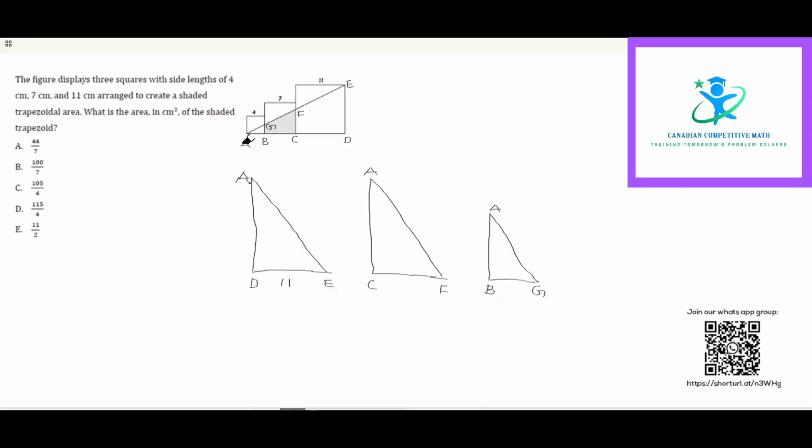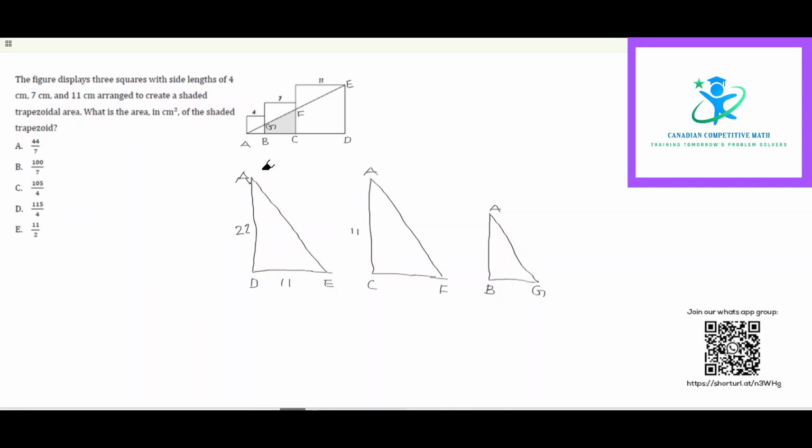And AD: since AB is 4, BC is 7, and CD is 11, AD is 4 plus 7 plus 11, which is 22. Now let's look at AC. We know AB is 4, BC is 7, so AC is 11.